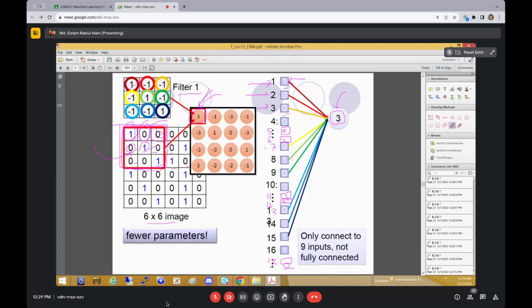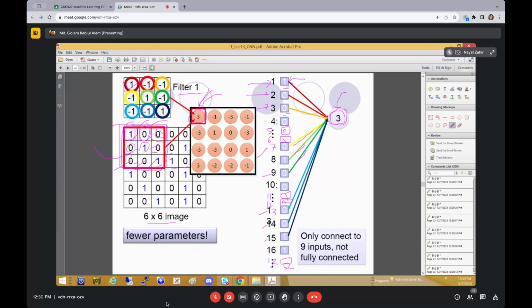That's why you can see that the lines, the connections, the edges are there. And then 13, 14, and 15 are used to calculate these neuron values.